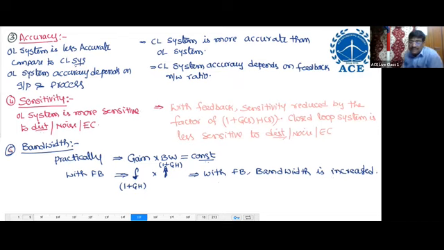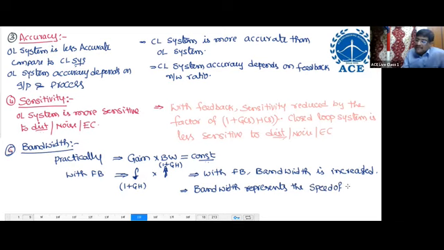What is the advantage of having a large bandwidth? Bandwidth in control system represents the speed of the response. Remember, in control system, bandwidth represents the speed of the response.